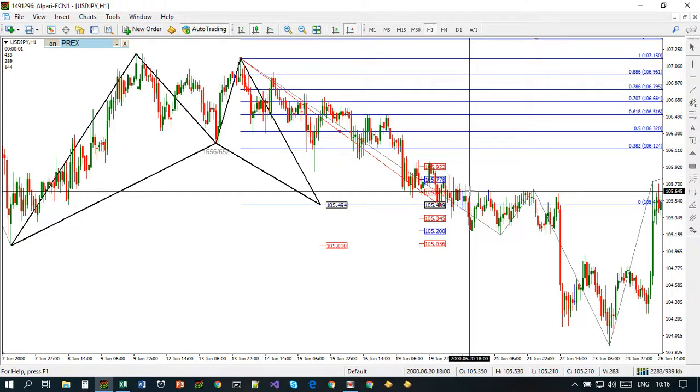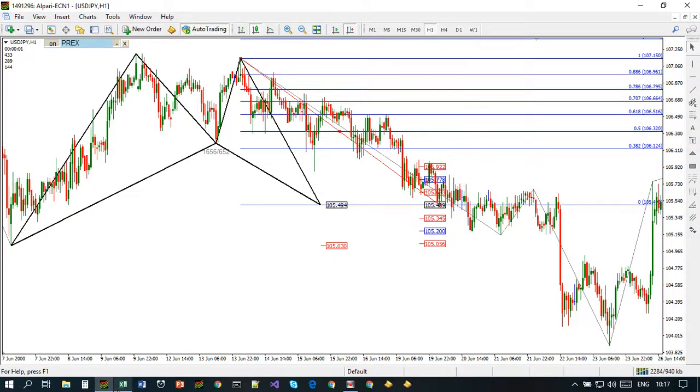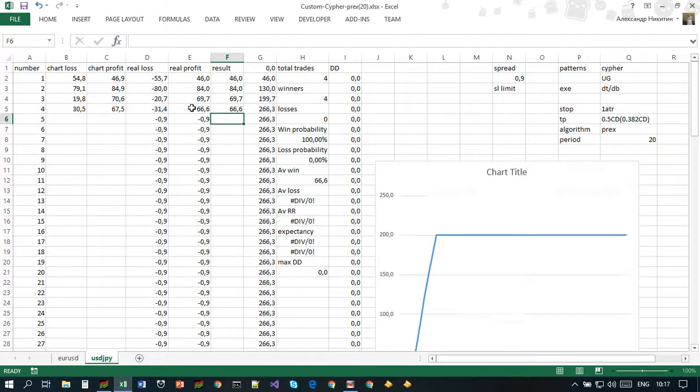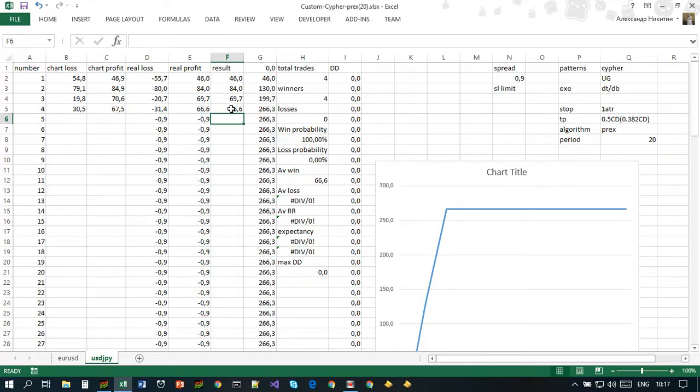Enter this candle, close. It was 30.5 versus 67.5. Oh no. It is a stop loss.